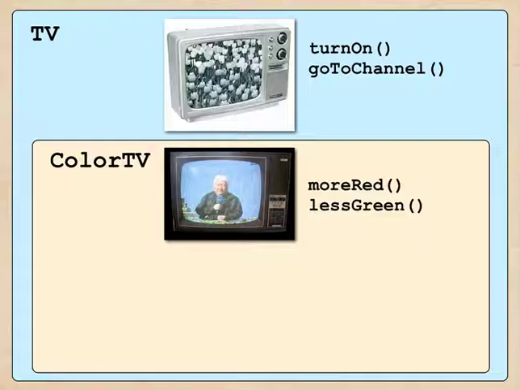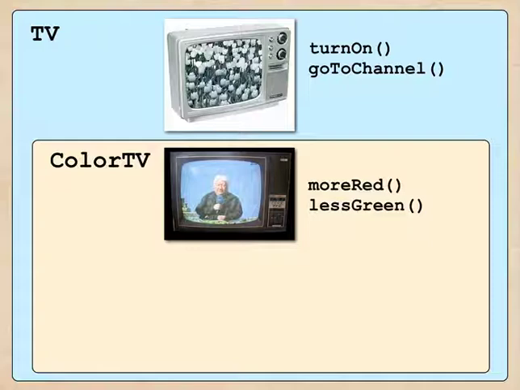So color TV says, maybe my superclass knows about this. And it hands the message up the line to the TV object that the color TV is built on, just like someone in an office might pass on a surprising request to his or her supervisor. In this case, TV of course knows what to do and it turns itself on.